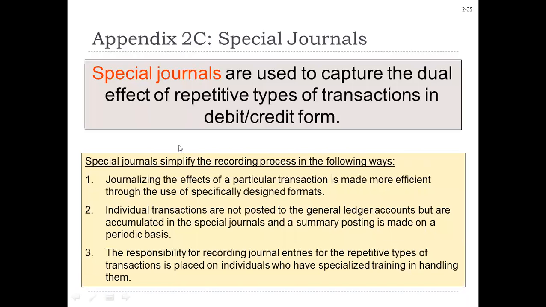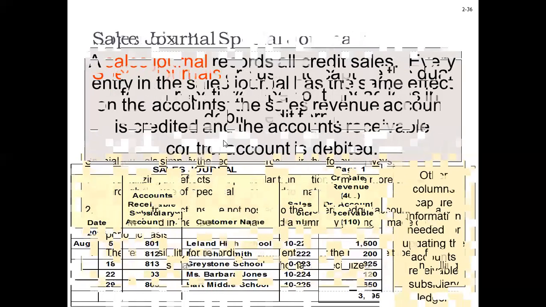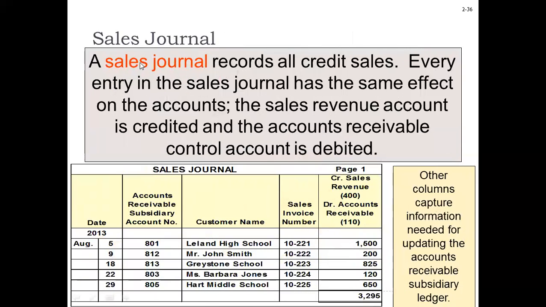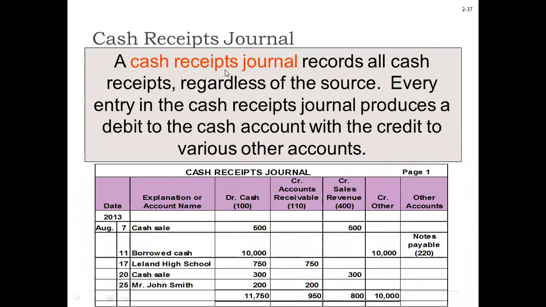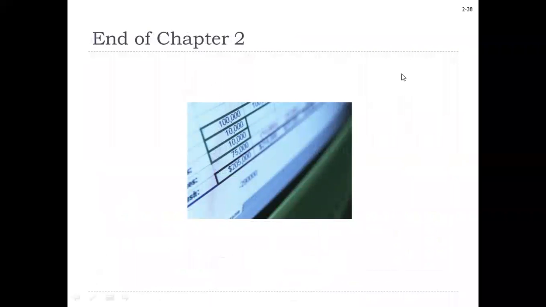So that way we can just then summarize that special journal and put the total for the month in the general journal. That way you don't have too many transactions in the general journal. We can just have one summary in there and have all the details in this other special journal. So sales journal is a special journal that records all credit sales, for example. Cash receipts journal is a journal that records all cash receipts, etc., etc.